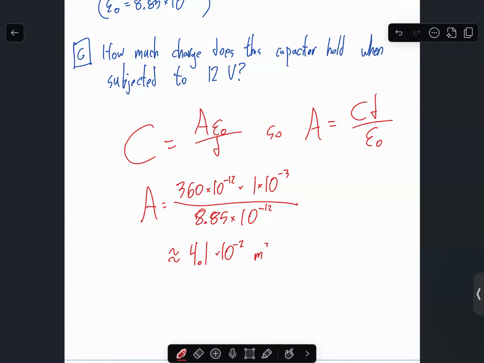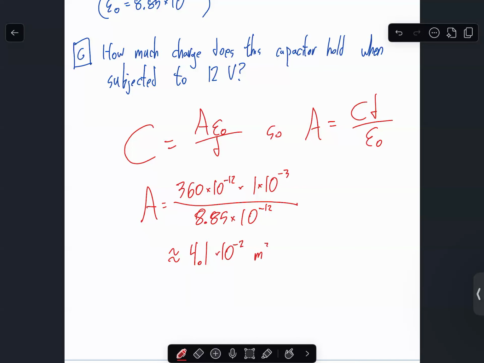Did you get it? Yay! I've not been teaching, I'm not going to hammer on sig figs. You mean you didn't round? 0.041. Okay. Any way you want to write it.